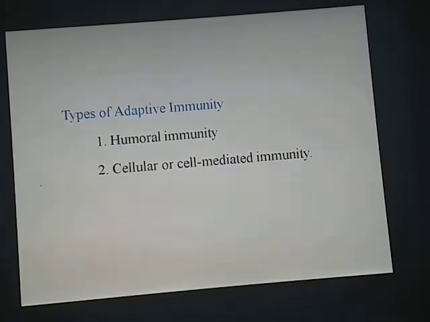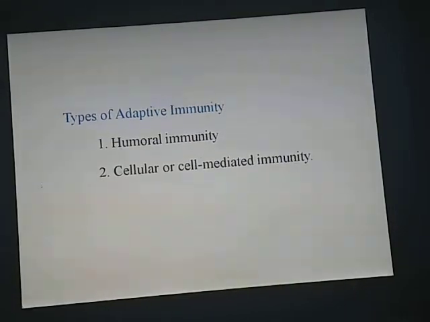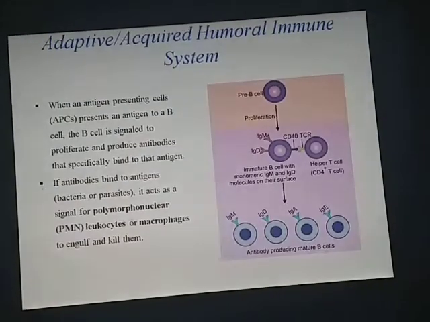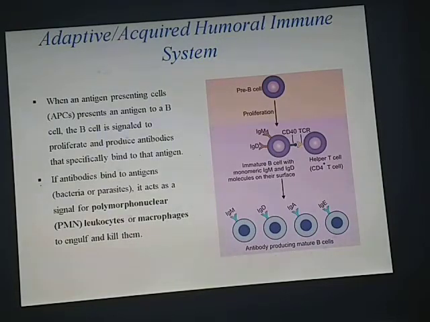And types of adaptive immunity. There are two types of adaptive immunity, that is humoral immunity and cellular or cell-mediated immunity. Let us see one by one. So, the adaptive humoral immune system.